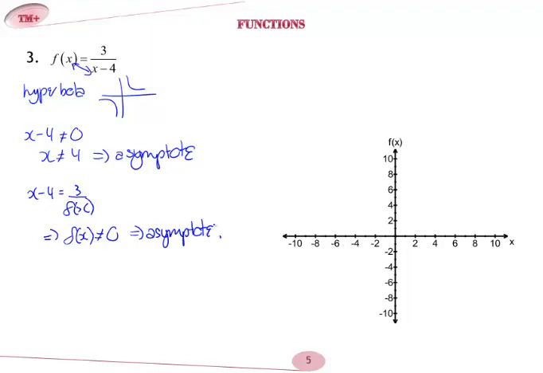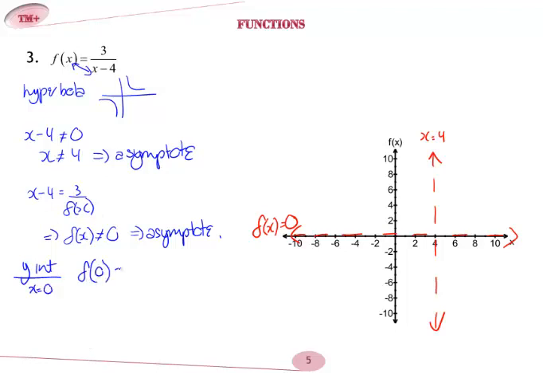Because my asymptotes are x = 4 and f(x) = 0, I know I don't have any x-intercepts, but I will have a y-intercept. My y-intercept is at x equals 0.